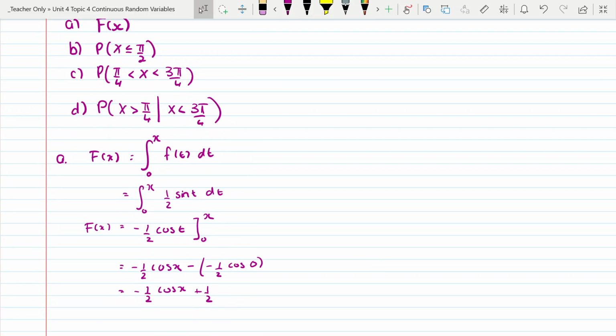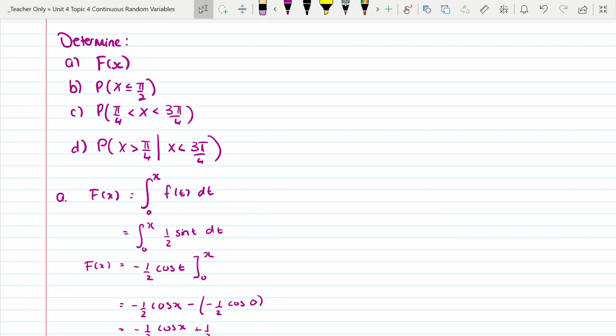And we can put that all over a single denominator and end up with 1 minus cos x over 2. So this is our cumulative distribution function.